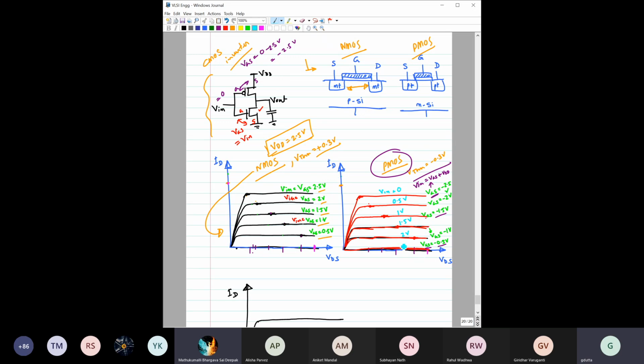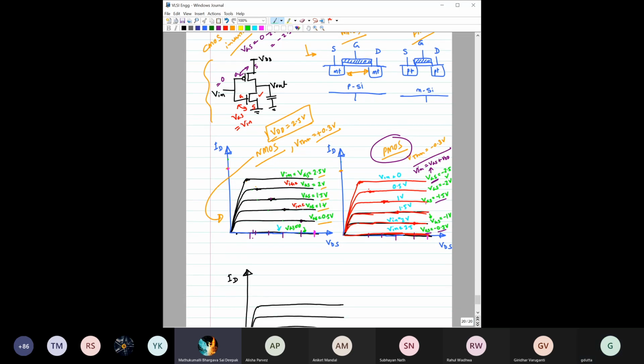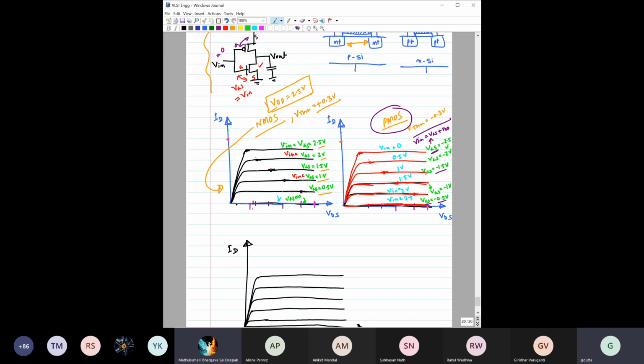So this is for V in equal to 2.5, right? Similarly, this plot is for VGS equal to 0.